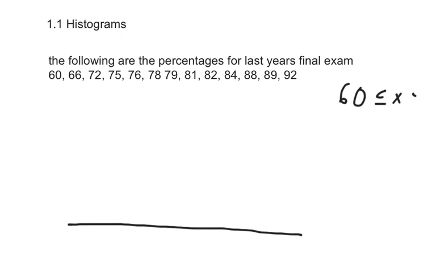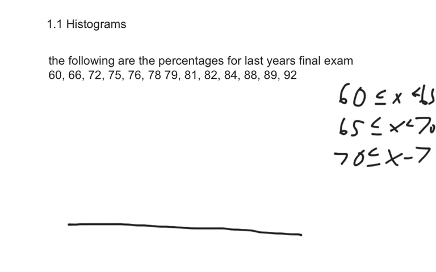So if the score is in between 60 and 65, we'll include 60 but not 65. In other words, the boundary does not include the upper end number. So we got 70. Now in this we have a few different ones.